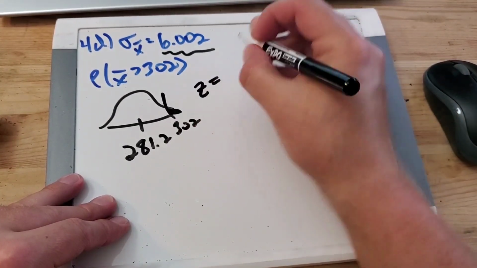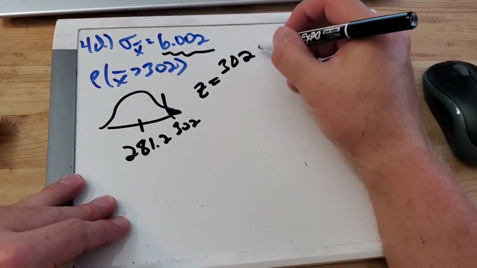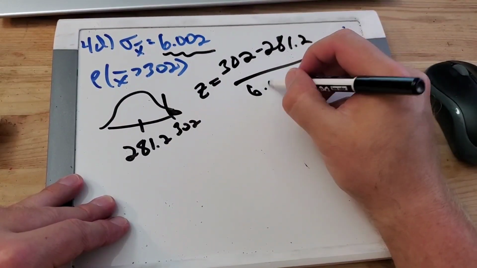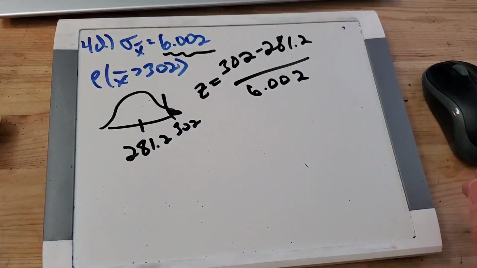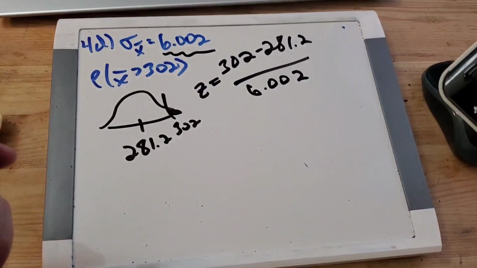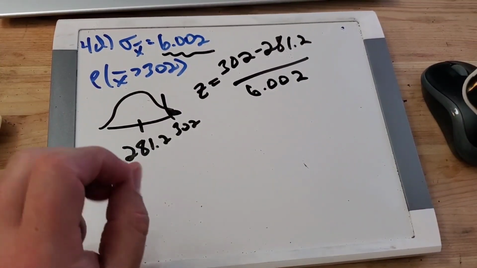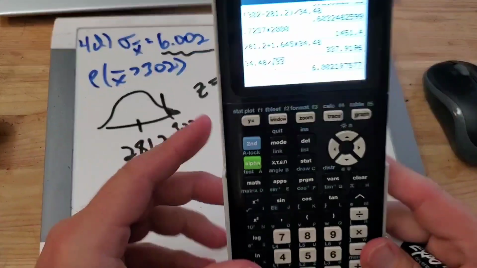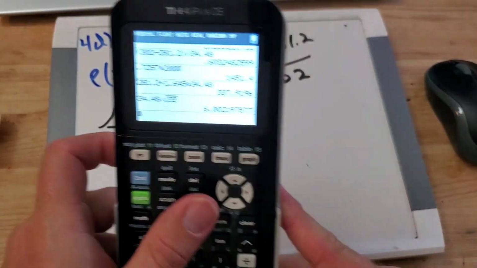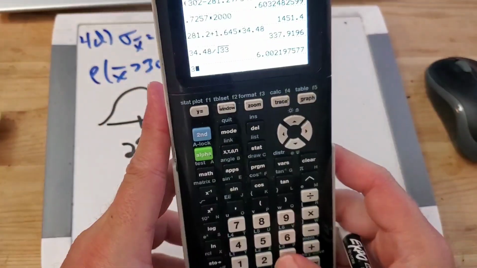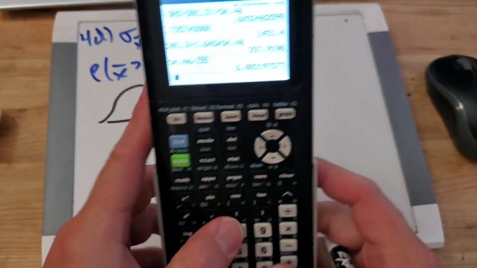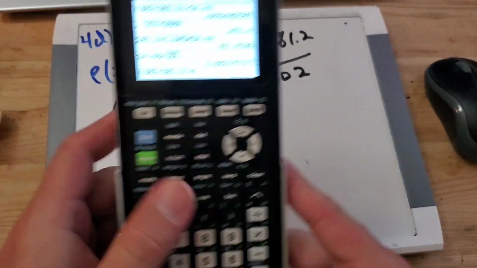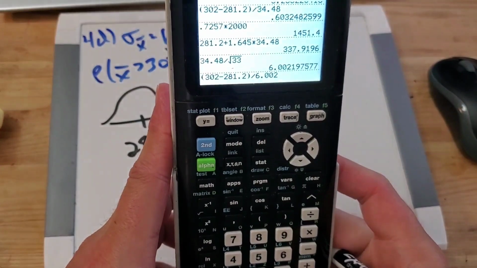So let me make a z-score. This seems just like the very first problem we did, except I'm going to divide by the appropriate spread, which is 6.002. It's going to be roughly 3.33, I think. Let's see. 302 minus 281.2 divided by 6.002.